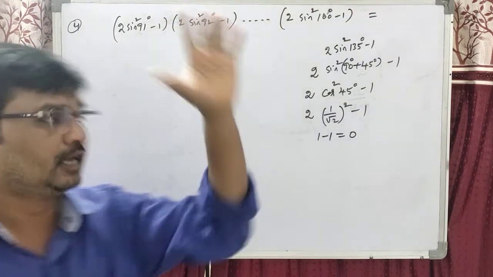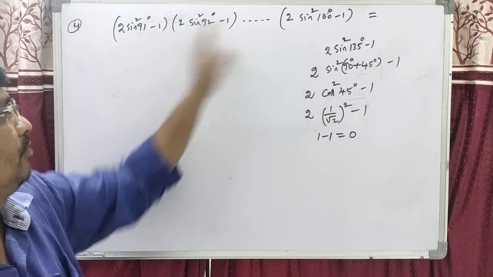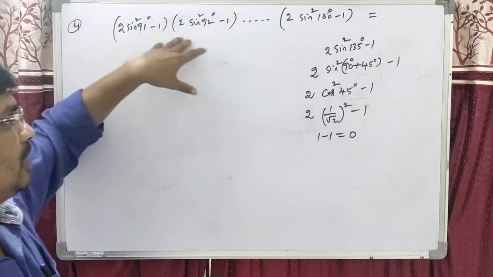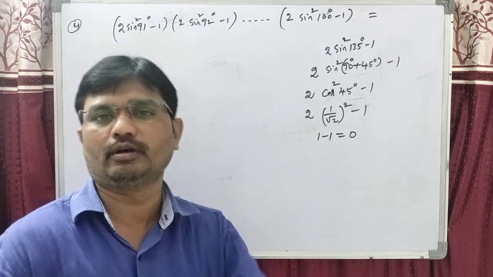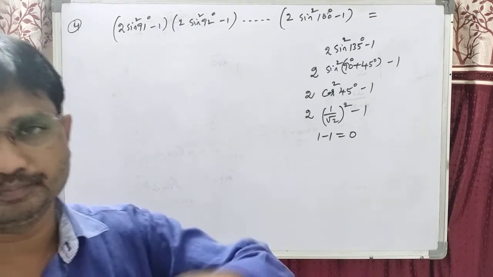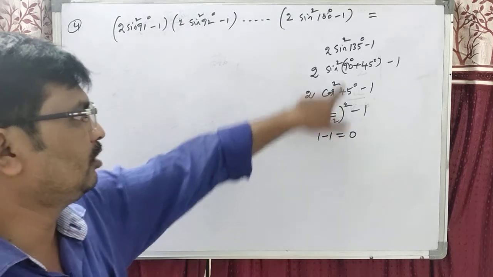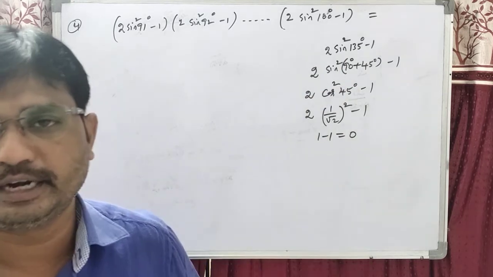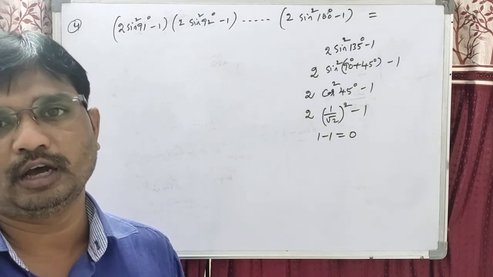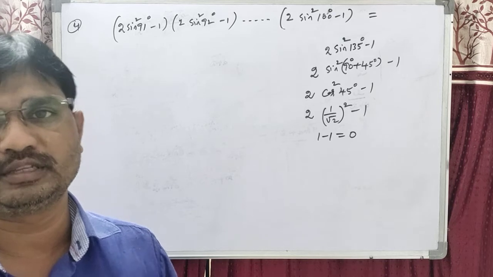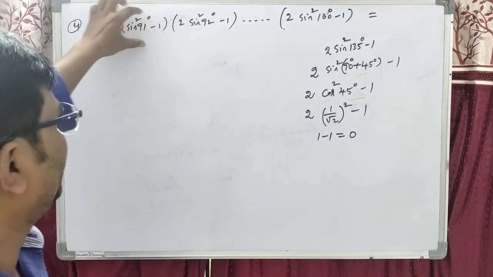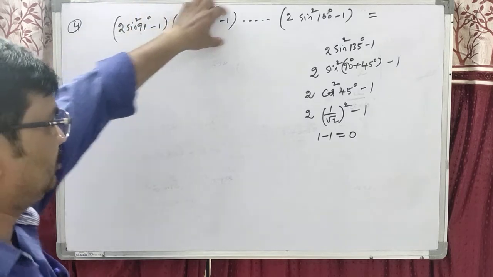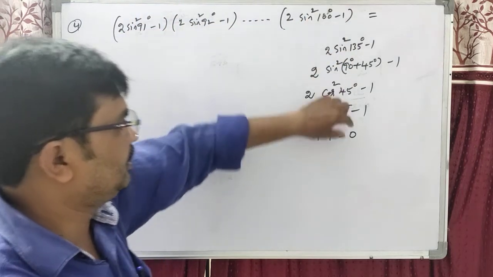In this case, we have to find only one of the values between all these products. Okay students, we have to know that one value in between is 0. That means, students, the product into 0 means the entire value is 0. Yes or no, students? We get some value, some value, some value, but in between is 0.